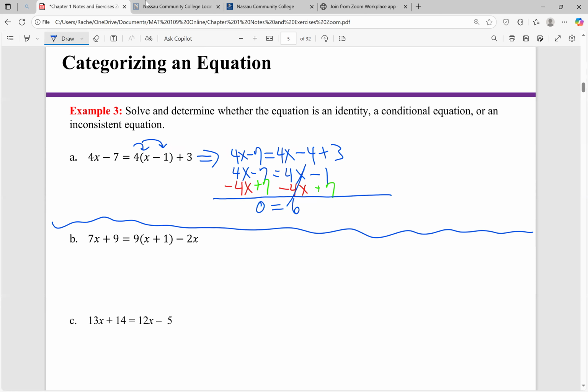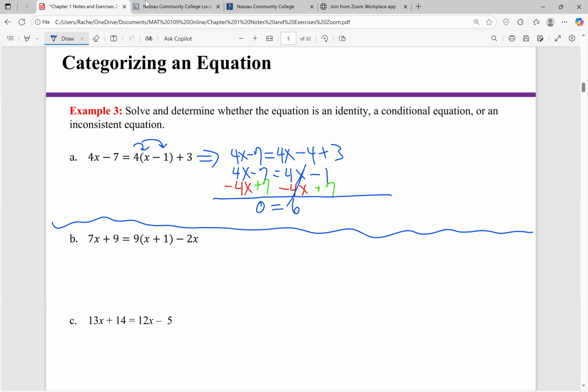So we haven't seen this, right, in the other examples that we did. We always had an x term, right, an expression that contained x on one side, and then we had a constant on the other. But in this instance, whenever this happens, if the x terms sum to 0, like in this case, and we're left with a statement that doesn't make sense, like in this case, 0 is equal to 6, that doesn't make sense, right? 0 is not equal to 6.